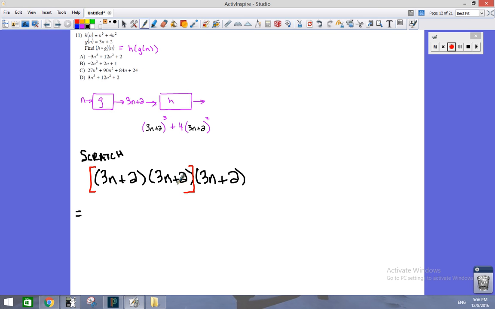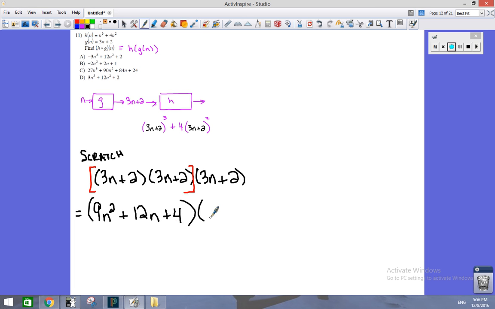When you multiply this, if you do it in the form of a table, or if you spell out the word FOIL, or however you multiply this, 3n times 3n is going to give you 9n squared. 3n times 2 is 6n, then you're going to have another 6n for a middle term of 12n. And then 2 times 2 is 4.